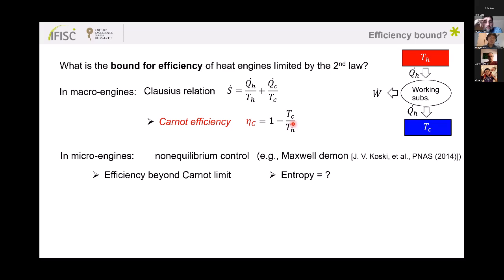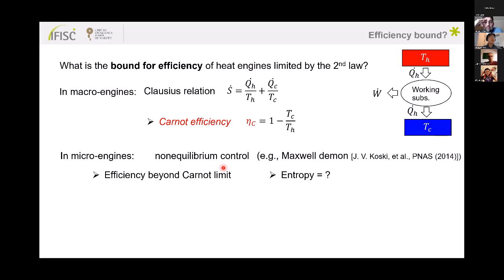But at microscales, as you already know well, it's easy to drive the system out of equilibrium. For example, as demonstrated in experiments of a Gilbert engine using quantum dots in this paper. In some cases, they have shown that efficiency can be beyond the Carnot limit when you use, for example, coherence as a resource.